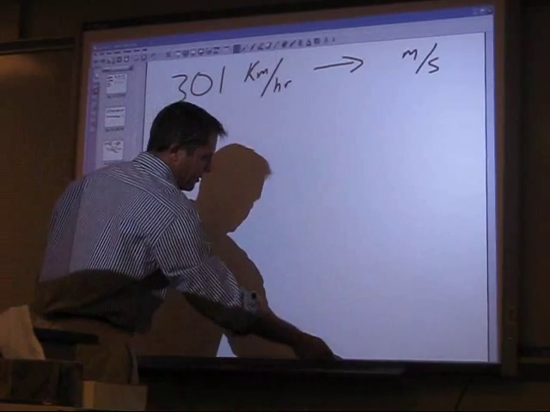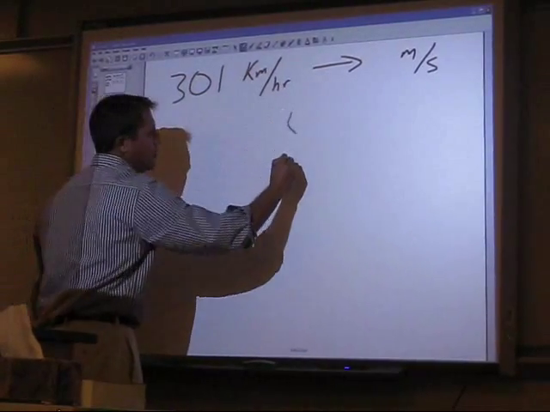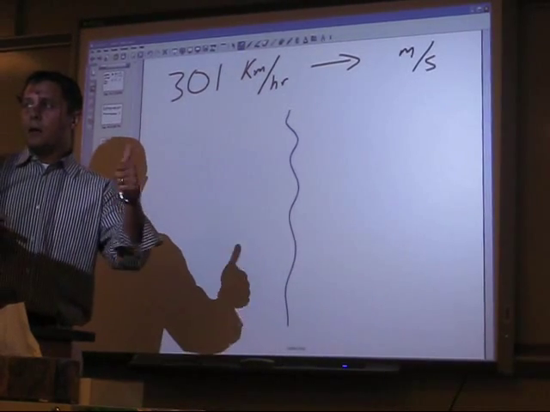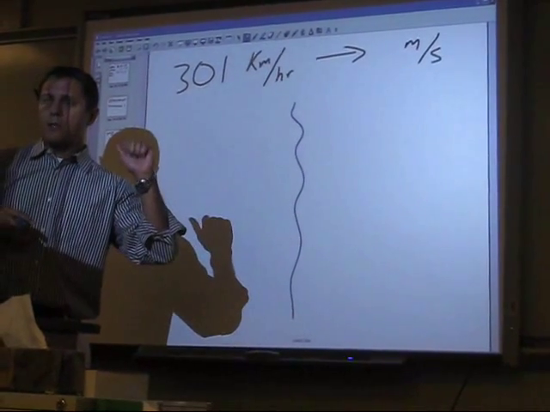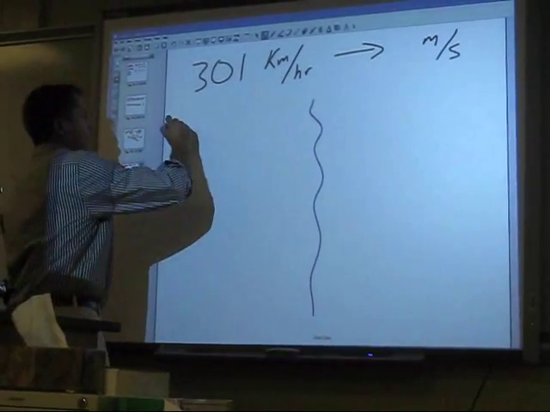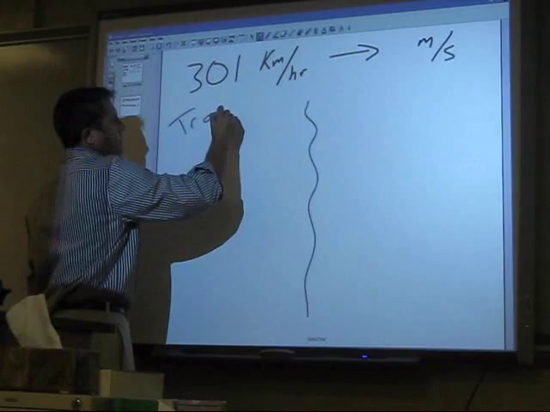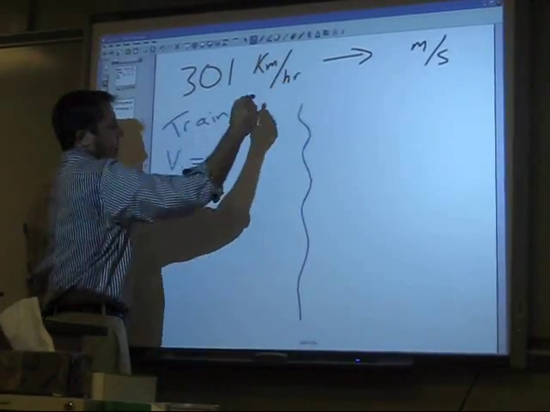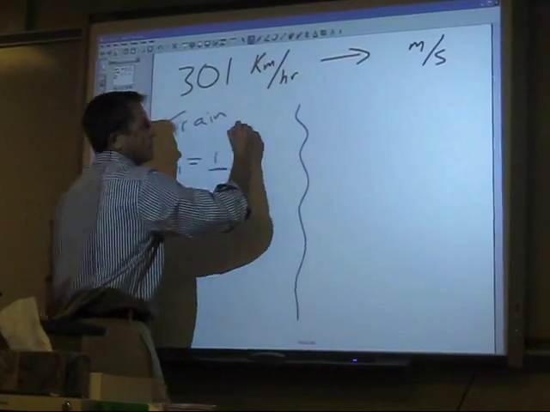Alright, after you do that, you just have 2 separate problems. The first problem is going to be the train. The second one's going to be the sound. And then you're going to find the difference. So for the train, you're going to have a velocity, which is going to be whatever you get that to be.